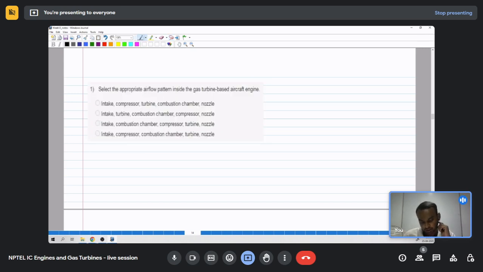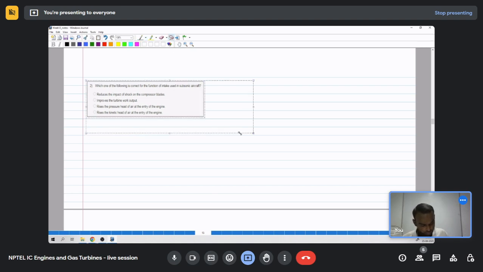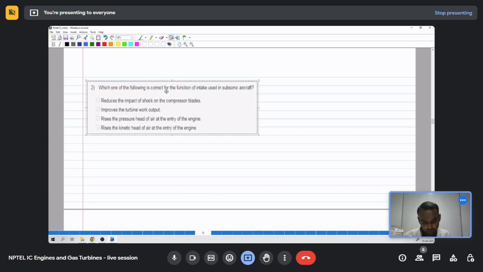Select an appropriate airflow pattern inside the gas turbine based aircraft engine. The last one: intake, compressor, combustion chamber, turbine. Which one of the following is correct for the function of intake used in subsonic aircraft? Reduces the impact of shock, improves the turbine work output, raises the pressure of the air at the entry of the engine, raises kinetic head of the air at the entry of engine.